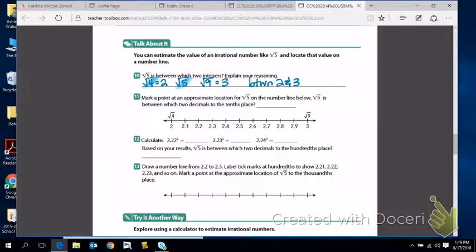And when you square 2.2, you get 4.84, which might not be big enough, so we could try 2.3 squared, which is 5.29. That is too much, so that means that our decimal for the square root of 5 should be between 2.2 and 2.3.